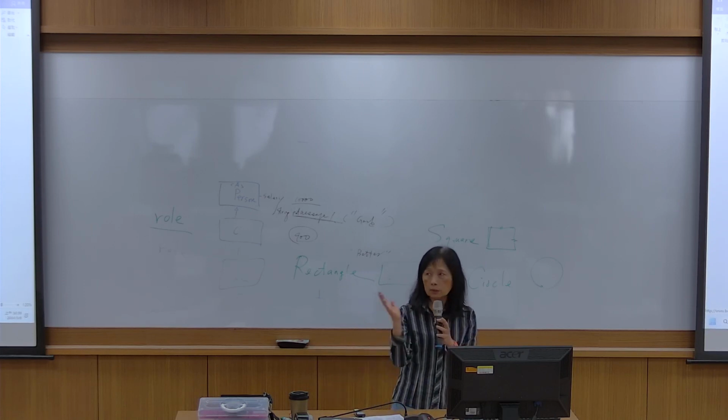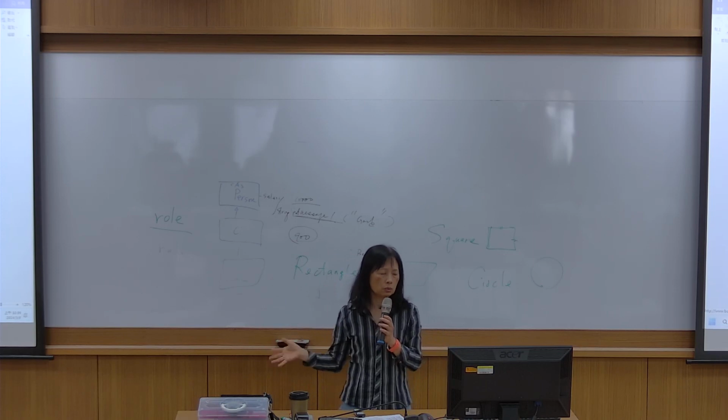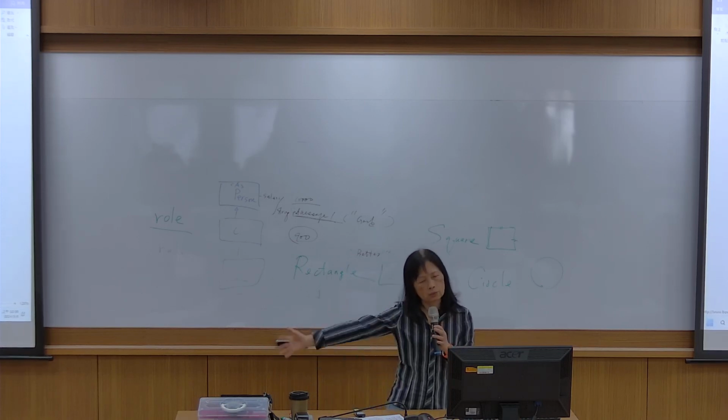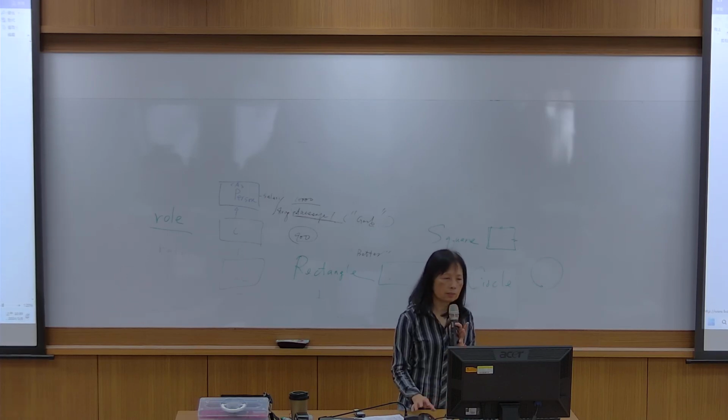So if it's a human, I put it on the left. If it's not human, put it on the right-hand side. All these actors are not part of our system, only the functions are part of our system.